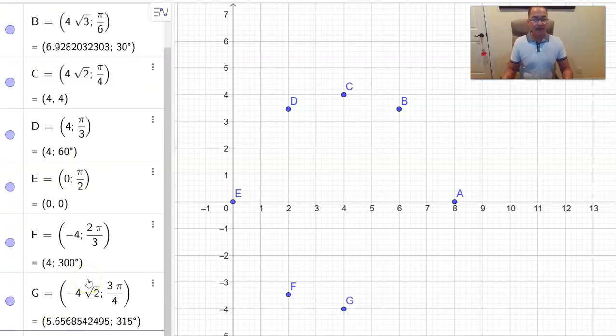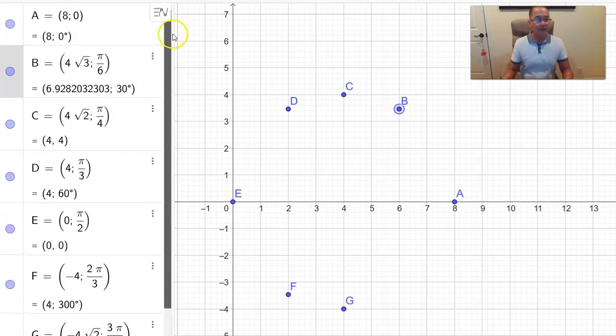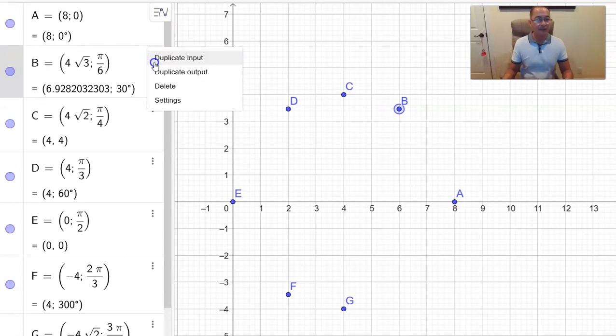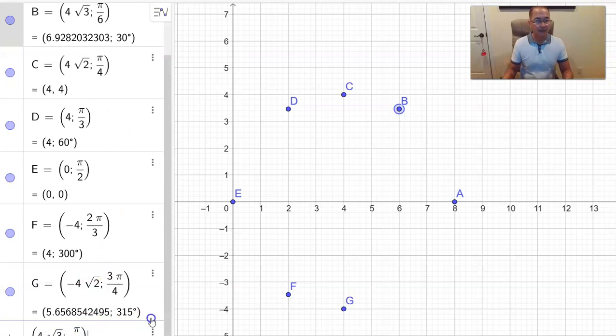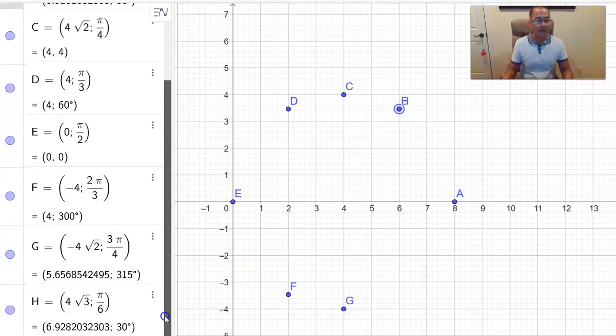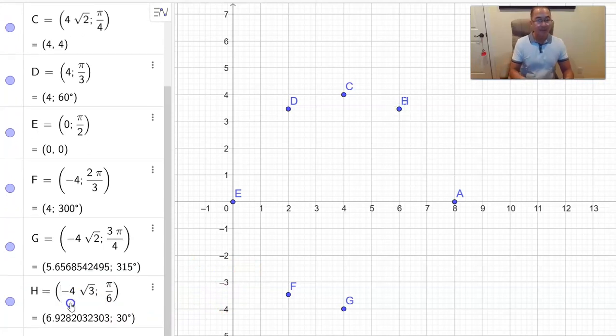And then next is negative 4 root 3, 5 pi over 6.